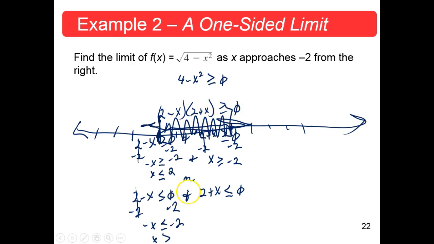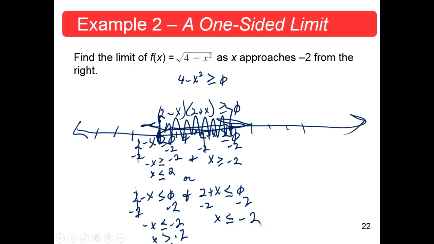Okay, this is an and here, so x has to be greater than or equal to 2, and when you do this over here, subtract 2 from both sides, and what does that give you? X is less than or equal to negative 2.